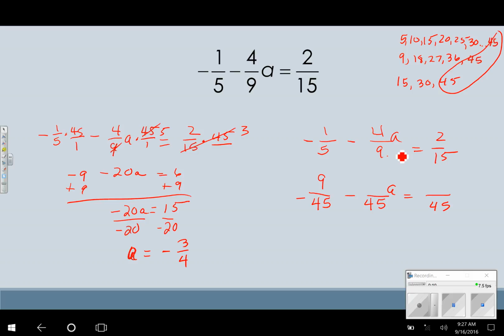In the second, I multiply by 5 to give me 45, so that's 20. And the bottom, I multiply by 3, so that's 6. And then I just solve the tops. So I get -9 minus 20a equals 6, which was the same equation we have over here. So our answer is going to be a equals -3/4, no matter how I solve it, which is how it should be, right?